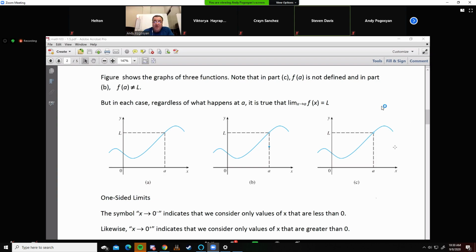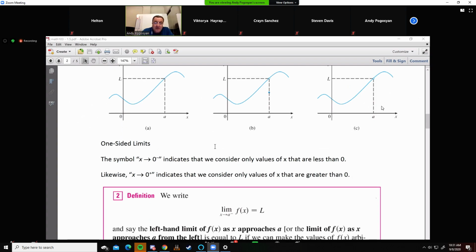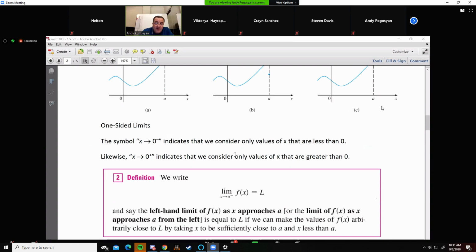Now, if we say the limit exists at the point, we understand from left and right. Now we can talk about one-sided limits. x approaches 0 from the left indicates that we consider only values of x that are less than 0. x approaches 0 from the right indicates we consider only values of x that are greater than 0.